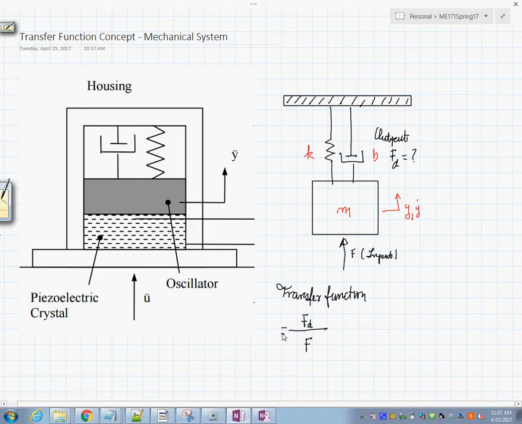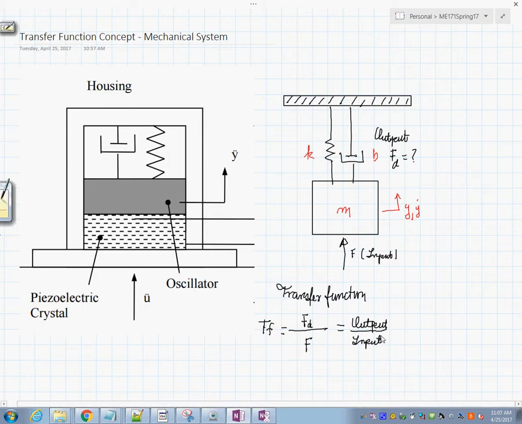Let's call it transfer function like that, so that we don't confuse it with the transformer element. So I reiterate, we are defining what the output is, and we are relating it to an input. The concept of a transfer function is always a relationship between an output and an input.